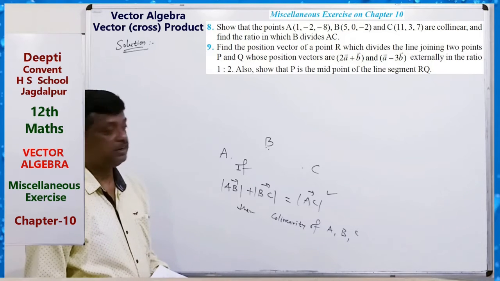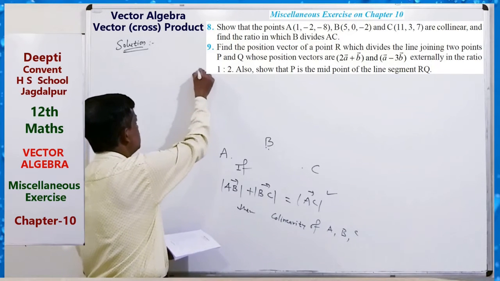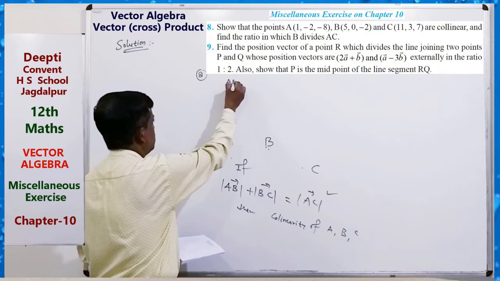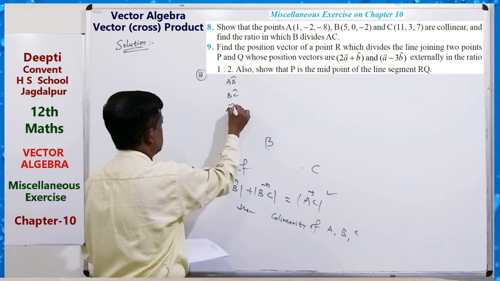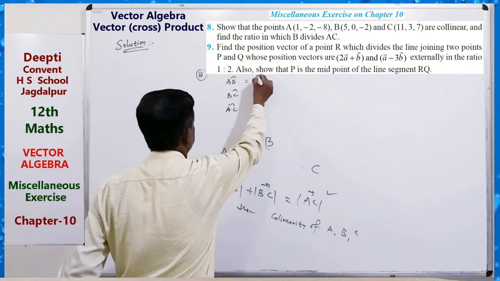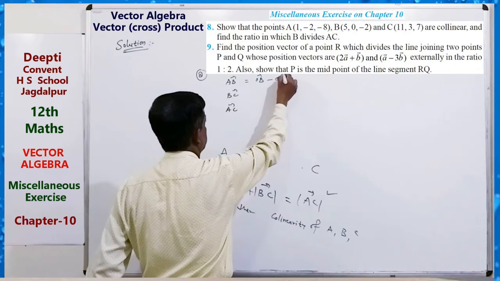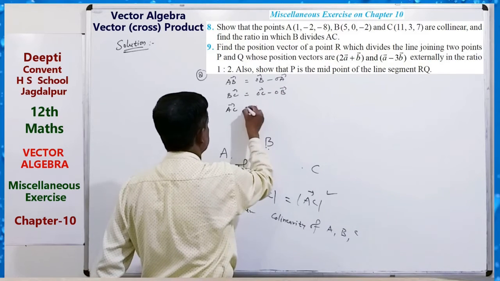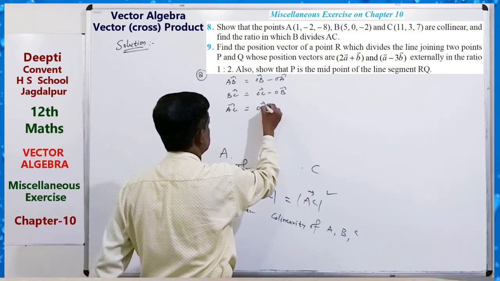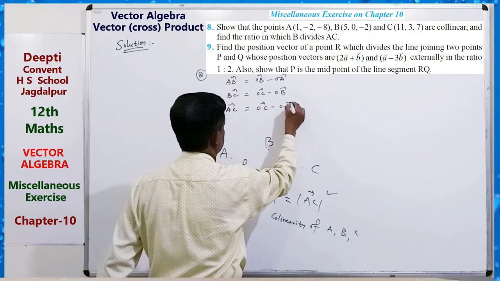So first of all, for this question, find AB, BC, AC. How can we find them? OB minus OA, OC minus OB, and OC minus OA.